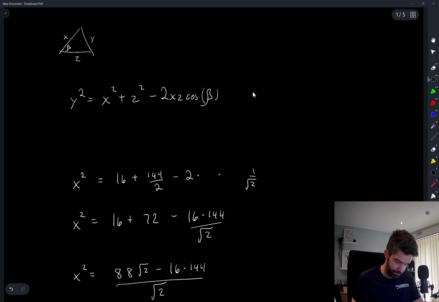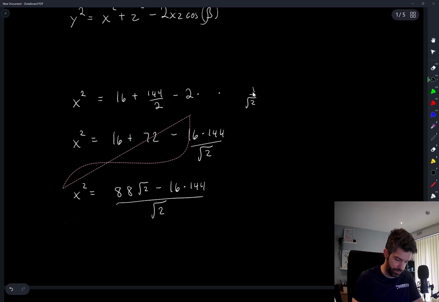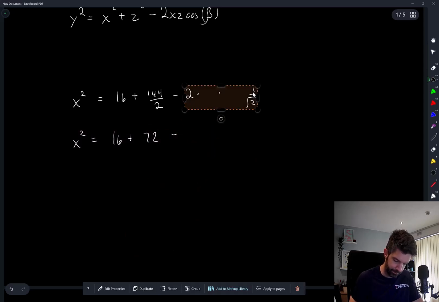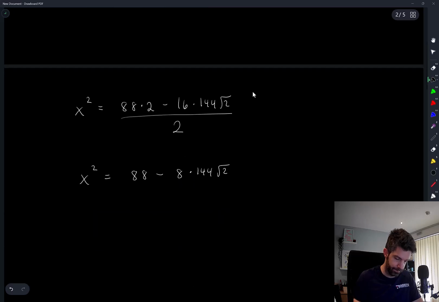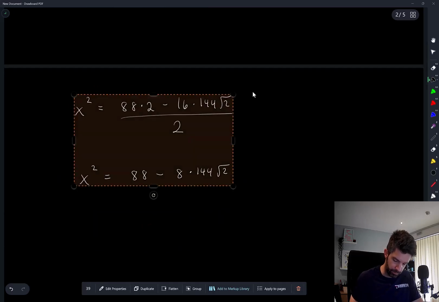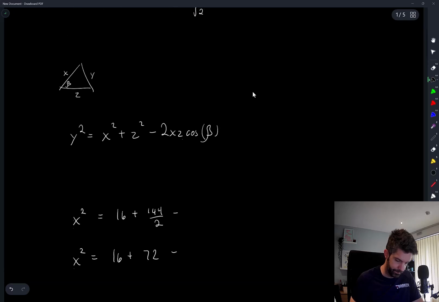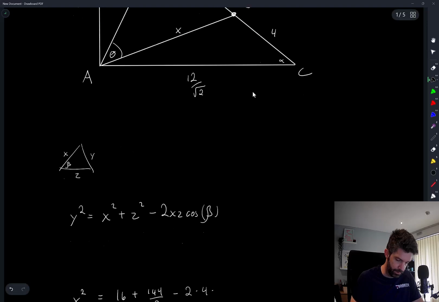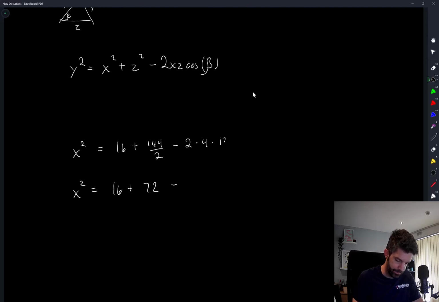A lot of mistakes here. Let's just redo all this part here. Sorry. 2 times 4 times 12 over root 2 times 1 over root 2.